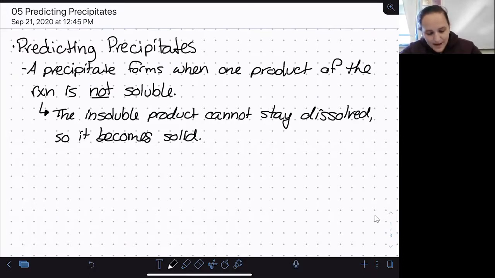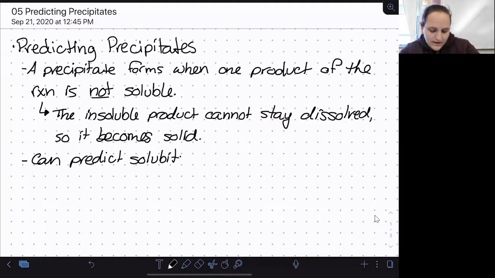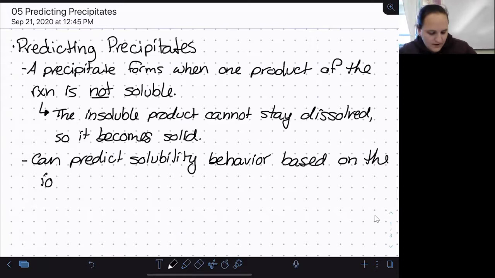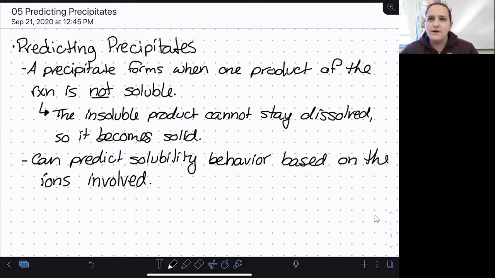There are some patterns that we observe based on what cation and what anion are present in a compound. There are certain ions that tend to be soluble regardless of what they're paired with, and there are certain ions that tend to be mostly not soluble depending upon what they're paired with.